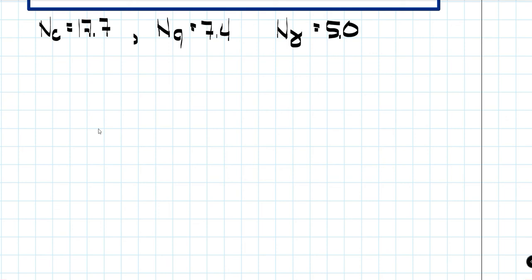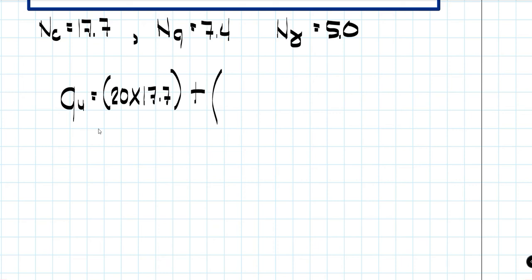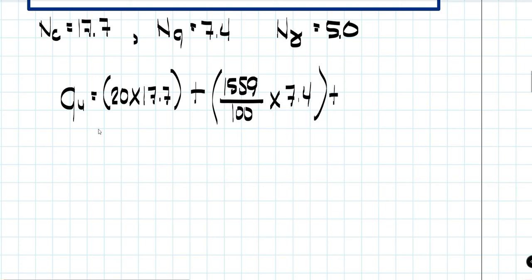So, we have here QU, which will be equivalent to 20 times 17.7, which is our NC, plus, so, Q and Q. So, ang Q natin is 1,559 over 100 times 7.4 plus the 1/2 gamma B and gamma.